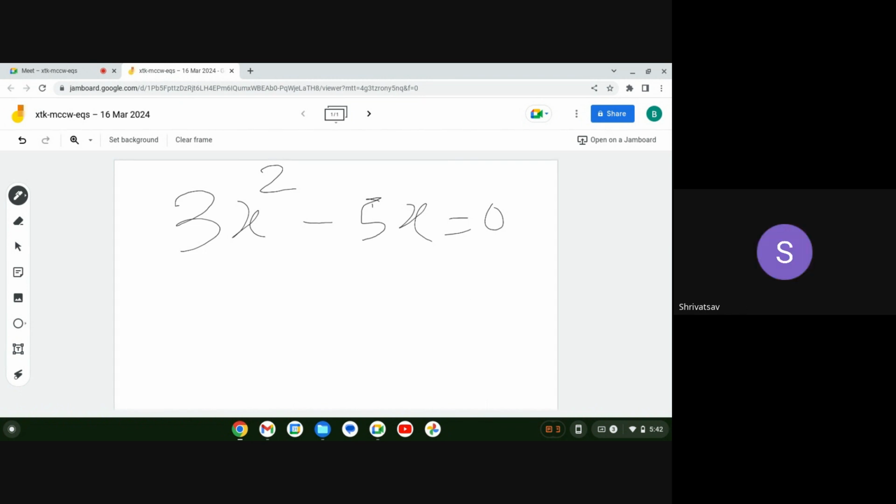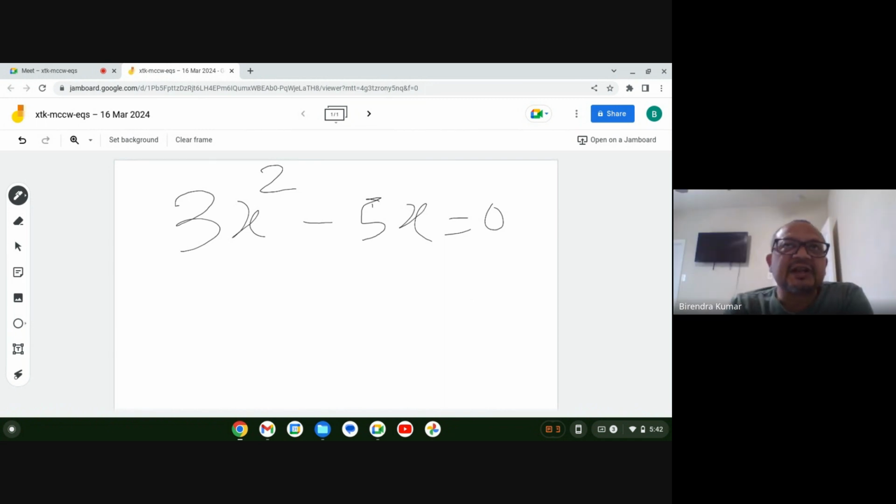So between an expression and an equation, the major difference is that there's an equal to sign. If there's an equal to sign, that makes it an equation. Or another way to look at it is that an expression just gives you a combination of terms.